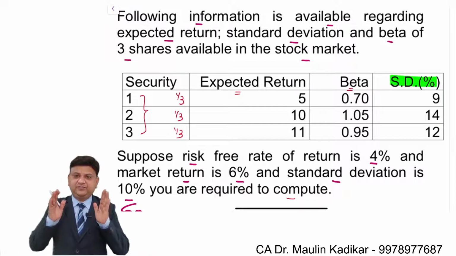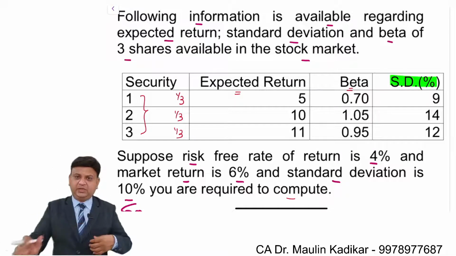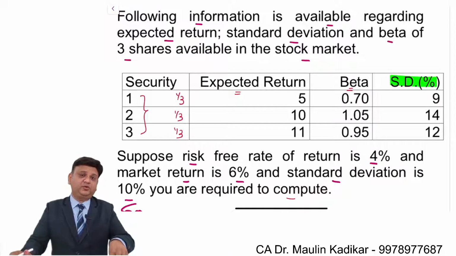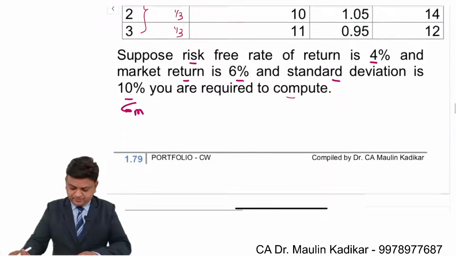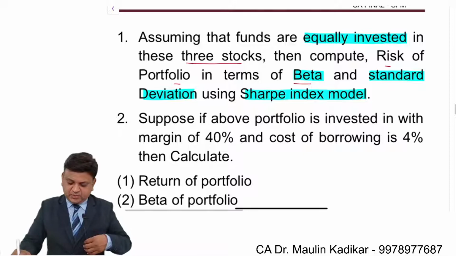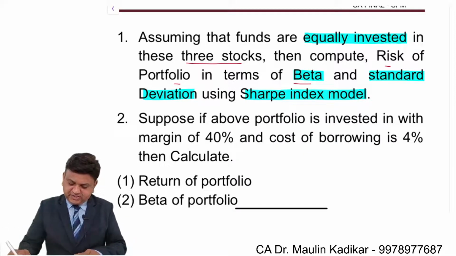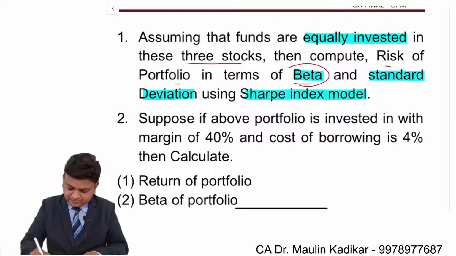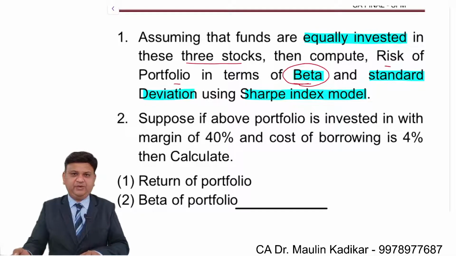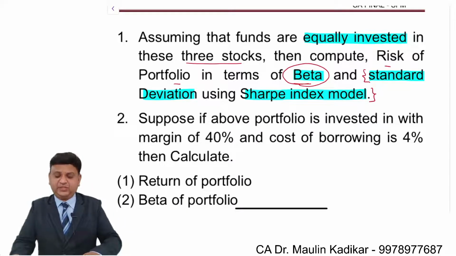So friends, this is a very good question that we have over here. How to make the calculation of this answer is very important for you to understand, because it is slightly a new kind of question. The question is providing the information that you are required to compute the beta of the portfolio, that is, a simple weighted average, and the risk of the portfolio in terms of the standard deviation using the Sharpe index model.